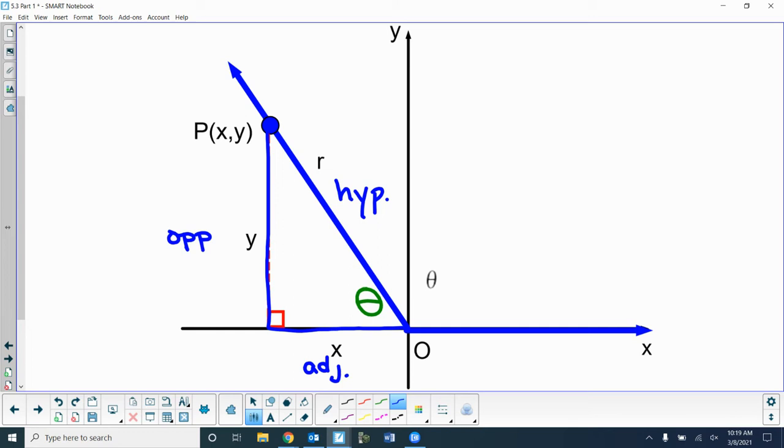You'll still know opposite, adjacent, hypotenuse. But the opposite side will always be the y value of the point, and the adjacent side will always be the x value of the point. And remember, our quadrants are first, second, third, and fourth quadrant.